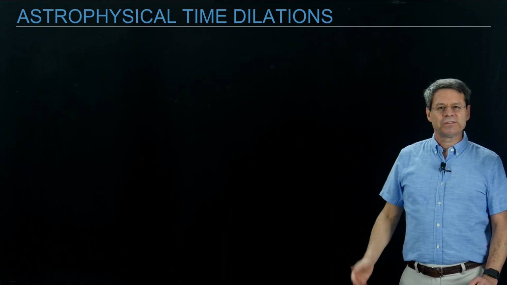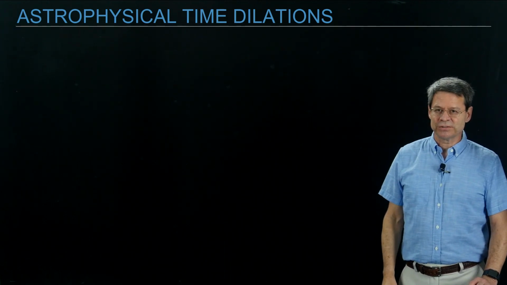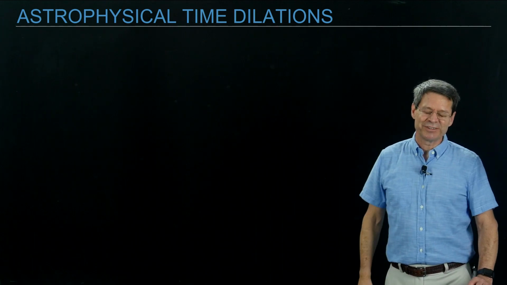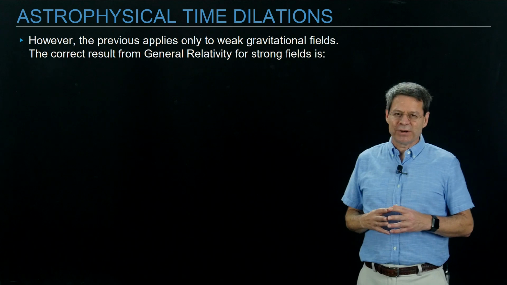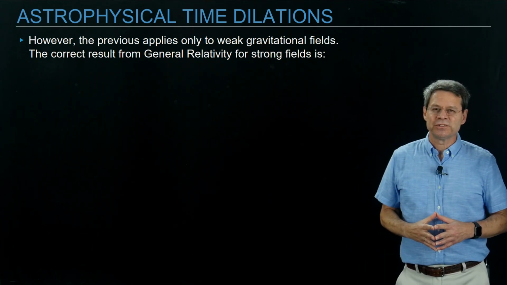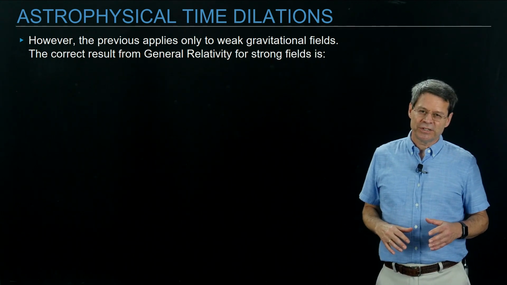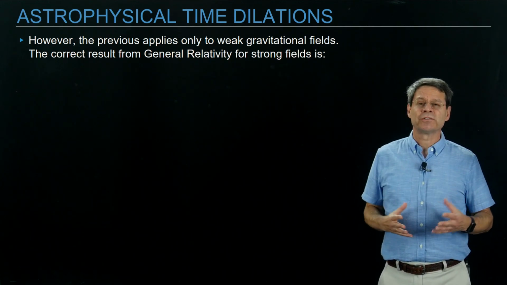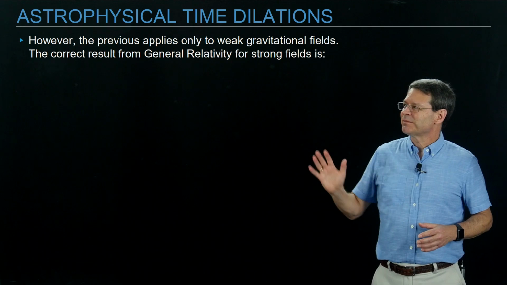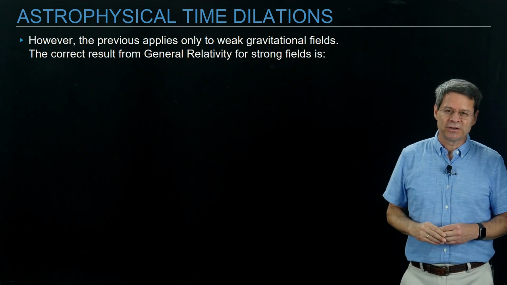Okay, so let's give some examples of astrophysical time dilations, rather than the example of my head versus my foot. Before I do so, though, I do need to make one more correction, which is that if I talk about gravitational systems or astrophysical systems with very large gravitational fields, then my approximations made are not quite correct.